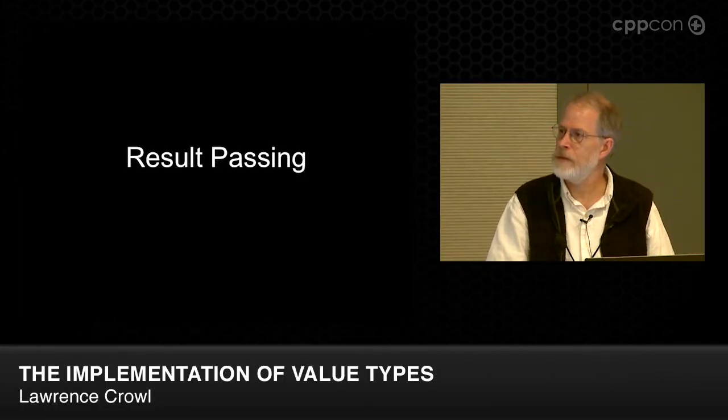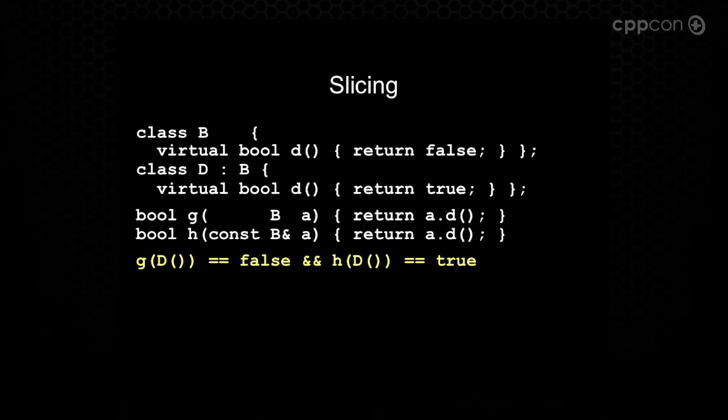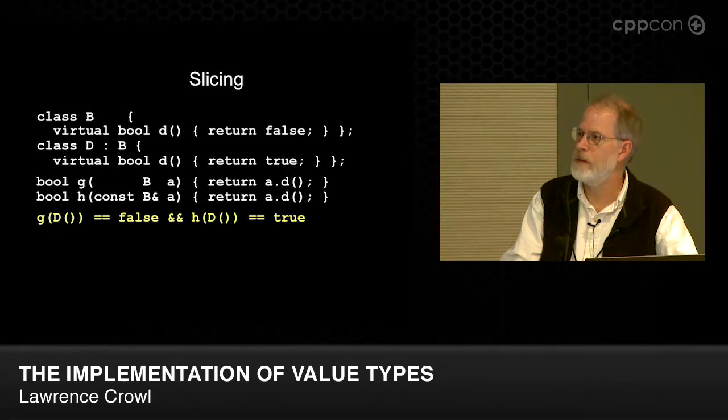Sorry, jumping back to slicing for a moment. I find the discussion of that issue a little confusing, because if a type has virtual methods, you normally can't keep it on the stack at all, which I think of as being deeply related to being a value type.